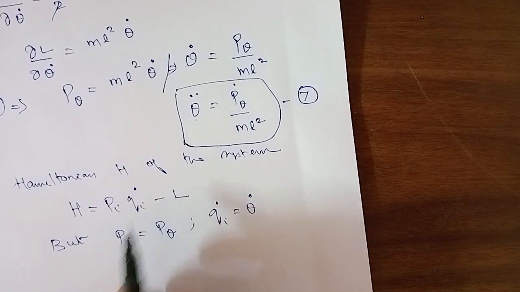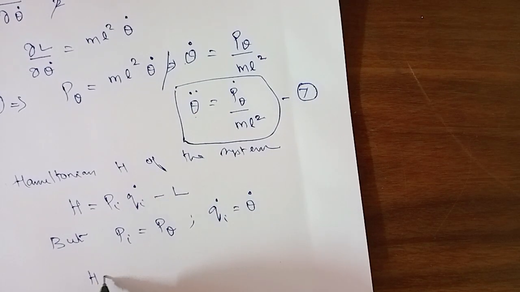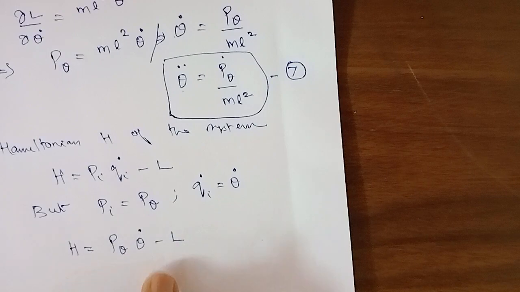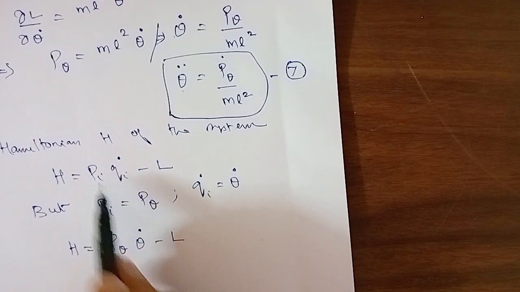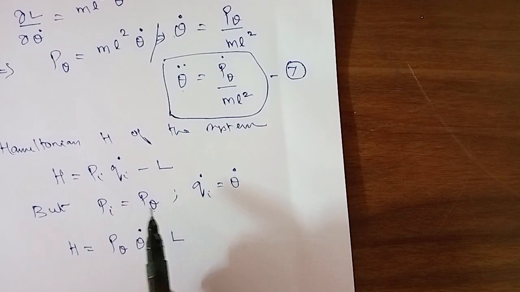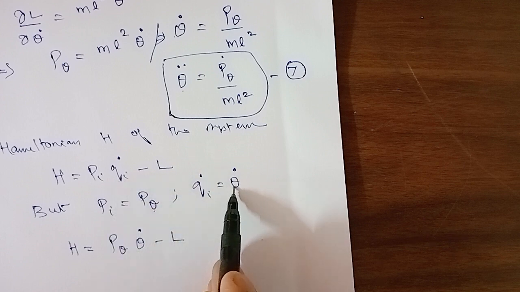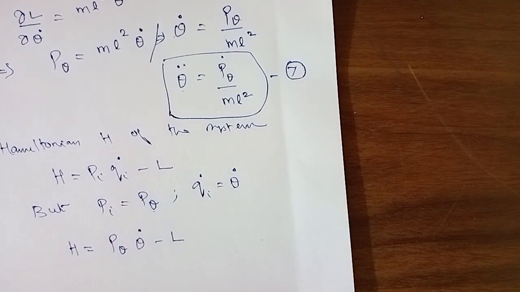Therefore, this equation becomes H is equal to P theta theta dot minus L. Do you understand this? Instead of Pi you make it P theta, Qi dot you make it theta dot, then minus L. Now substitute all the values.